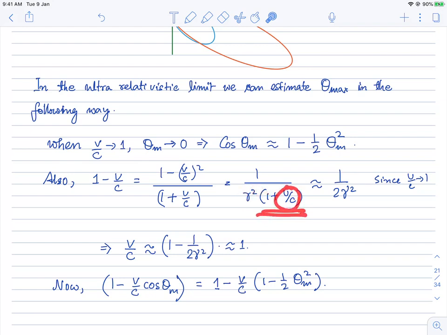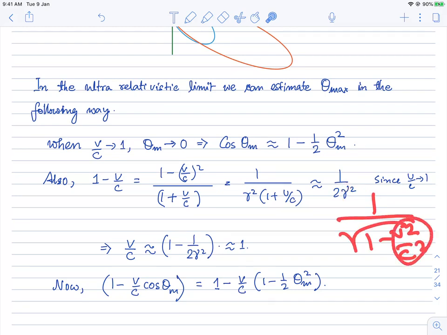Again, this v by c is near 1, so this factor is not much different from 2. So we can write this as 1 by 2 gamma square. Again, this gamma square is a quantity which is 1 by root over 1 minus v squared by c squared. So when this tends to 1, the gamma square tends to be very large, and therefore this factor is very small.